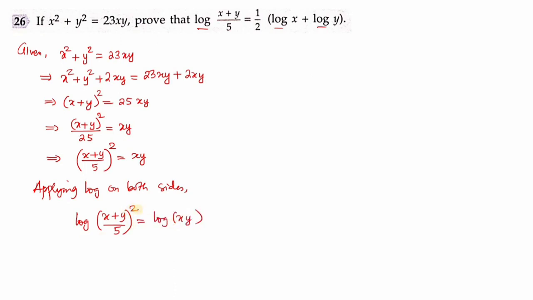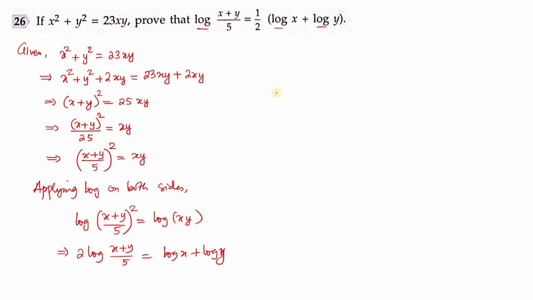Now you know that the power will come to the front. So it is 2 log of x plus y by 5 is equal to, now this is in the form of the product rule, so it is log x plus log y. Now let me bring this 2 to the other side.